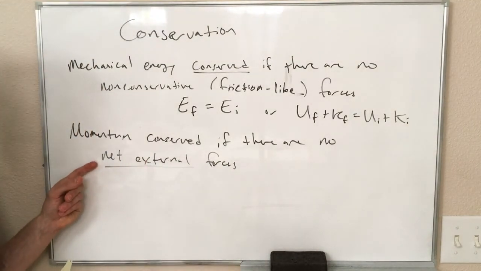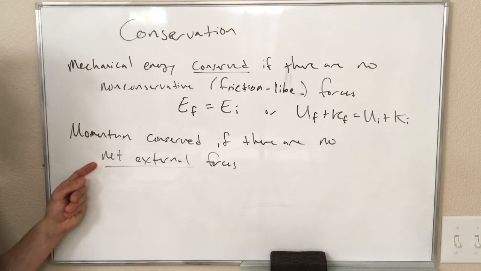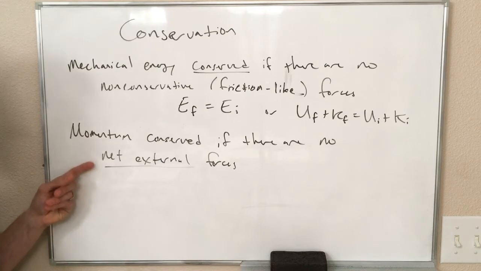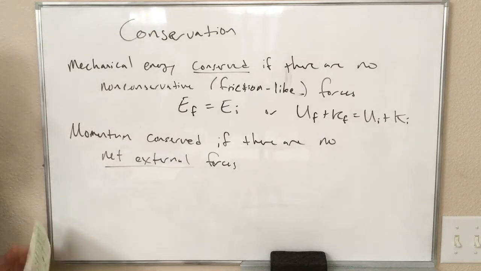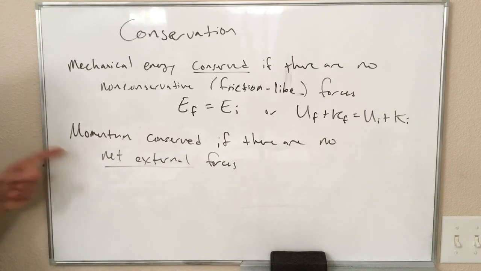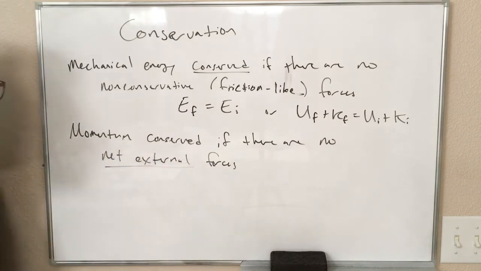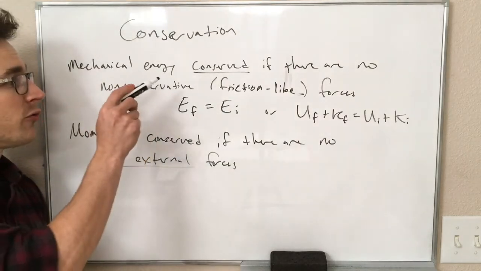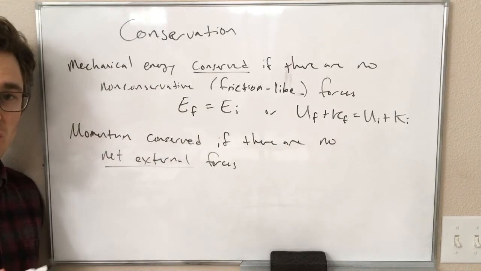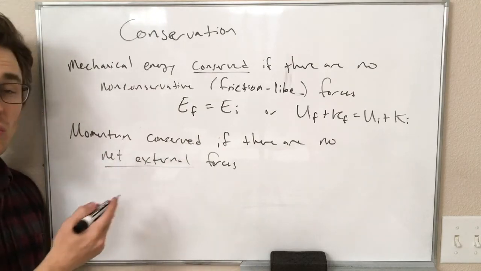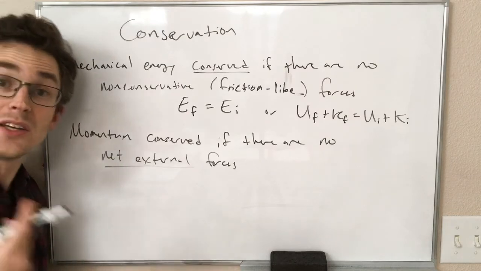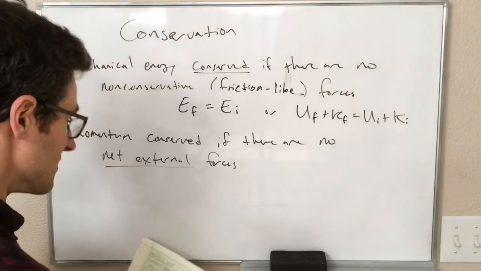This is the same as from our statement of Newton's first law, objects in motion, objects at rest, unless acted on by a net external force. So what's cool about our momentum conservation is this is still conserved even if we do have friction-like non-conservative forces, as long as those are not external. In other words, as long as those are internal forces. And I'll show you what that means in a little bit.